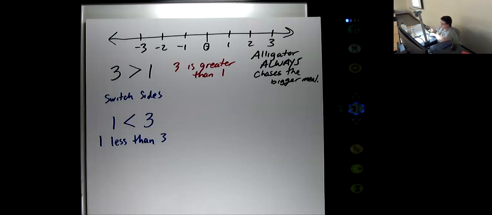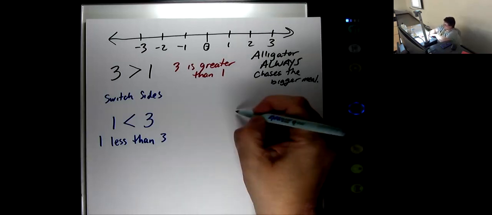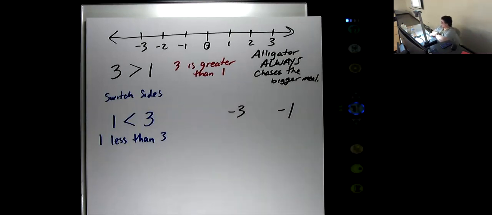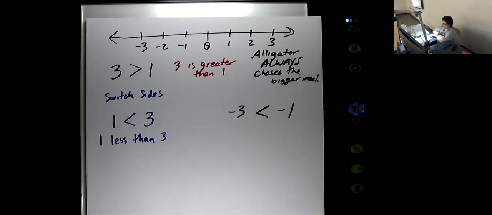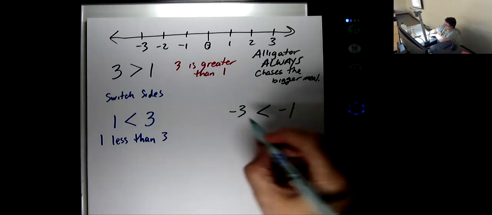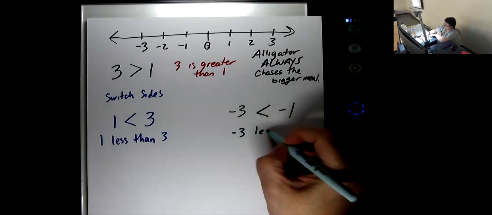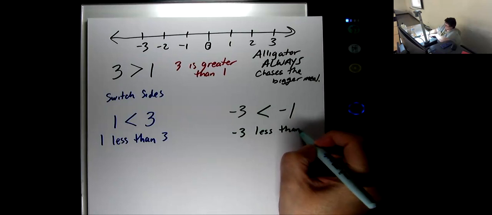What if I make them both negative? What if this says -3 and -1? Which way does the alligator face now? For the -1, right? The -1 is now the larger or greater meal. -3 is less than -1.